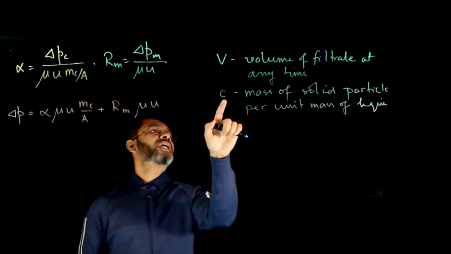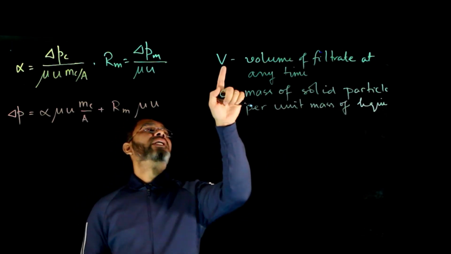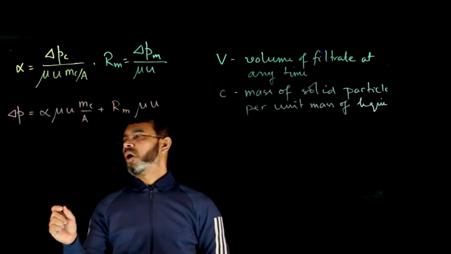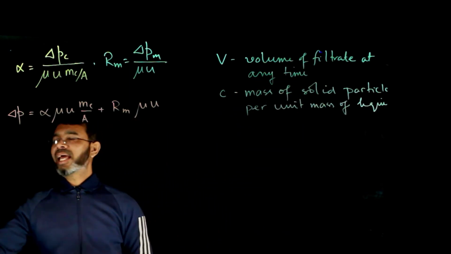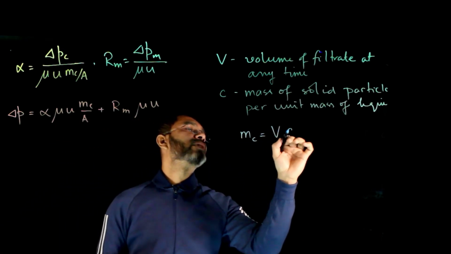So if C is the mass of solid particles per unit mass of liquid, and at a certain time V is the volume of the filtrate, then how much solid will be collected as cake can be given by mc equals V times C.